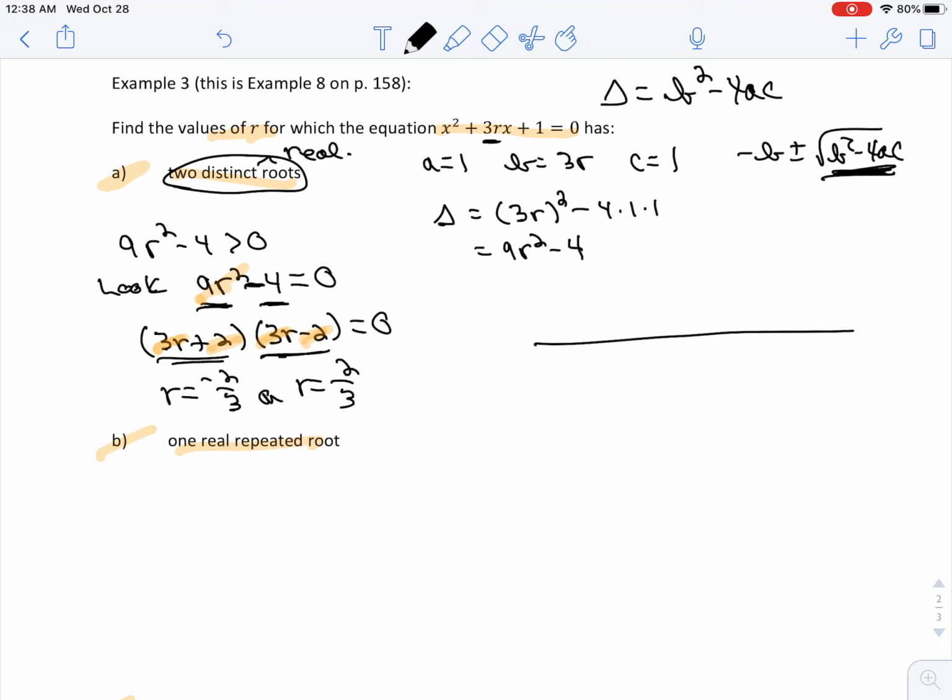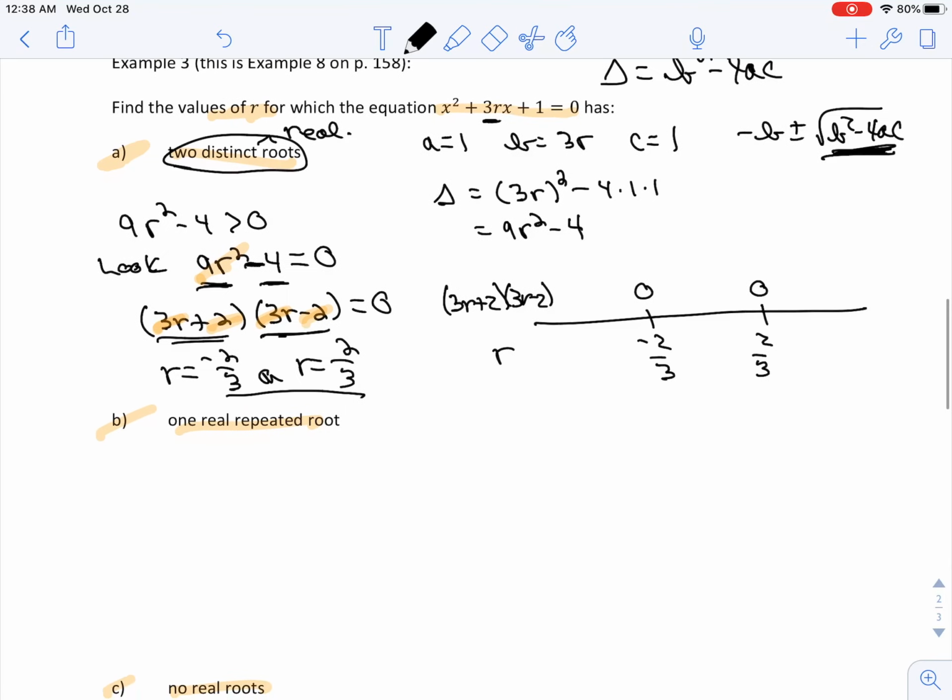So if I set up the sign chart for this, I want r values here. So I want negative 2/3 and positive 2/3. And remember, we're checking the sign of 3r plus 2 times 3r minus 2. And we know that this is going to be equal to 0 at those two values. If I want the signs of the different sections, then remember we need to pick test values.